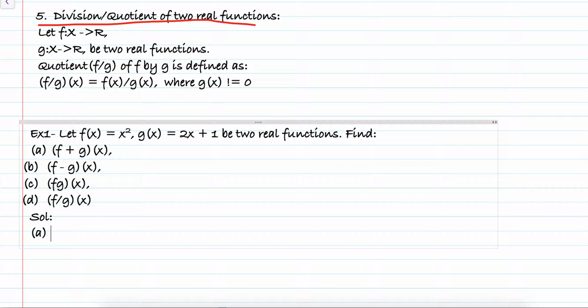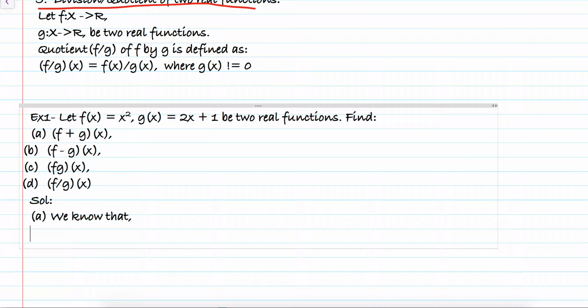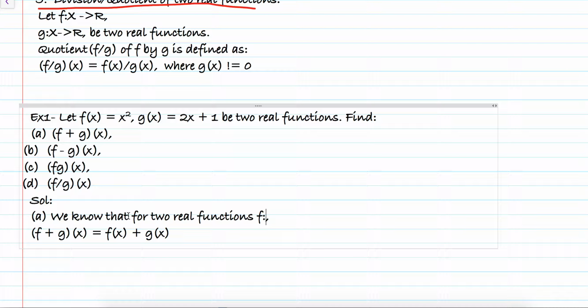So we will write, for one example I will write the complete solution. So we will write (f plus g)(x) should be equal to f(x) plus g(x) for two real functions f and g.